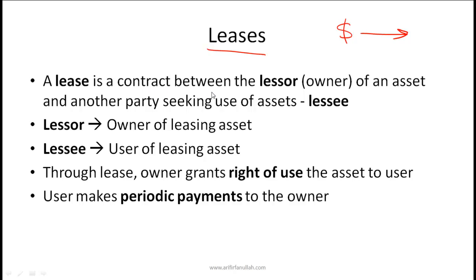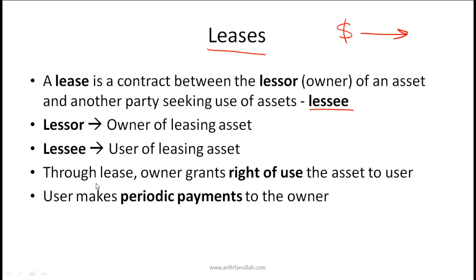A lease is a contract between the lessor, who's the owner of the asset, and another party seeking the use of the asset. And this other party is called the lessee. So to highlight that and to make sure you get this terminology straight, the lessor is the owner of the leasing asset and the lessee is the user of the asset.